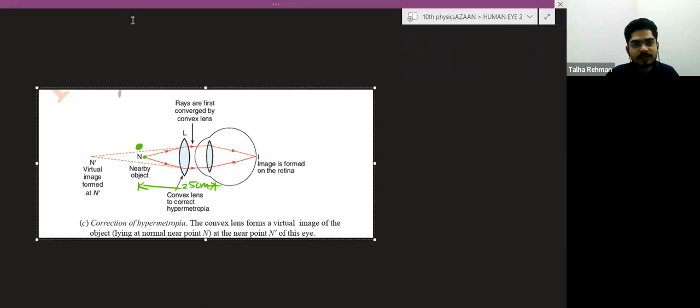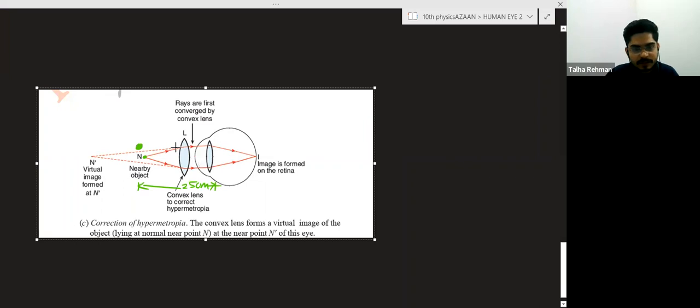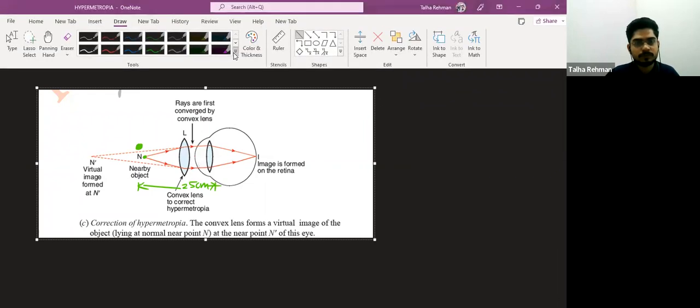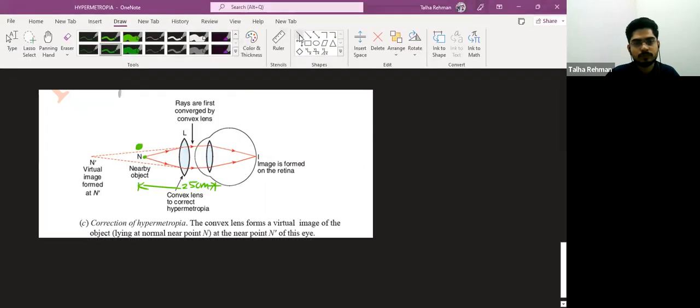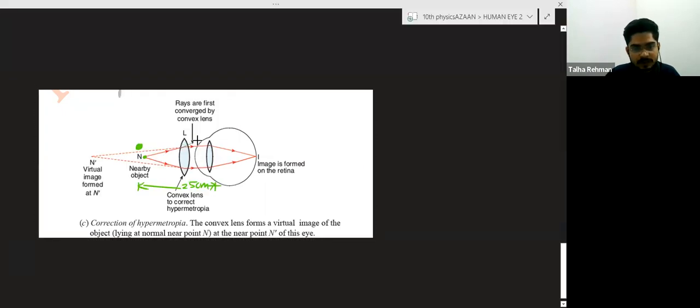If you extend, you will see these are the diverging rays. These rays will go like this. But as this lens L is placed here, this lens diverges these rays.